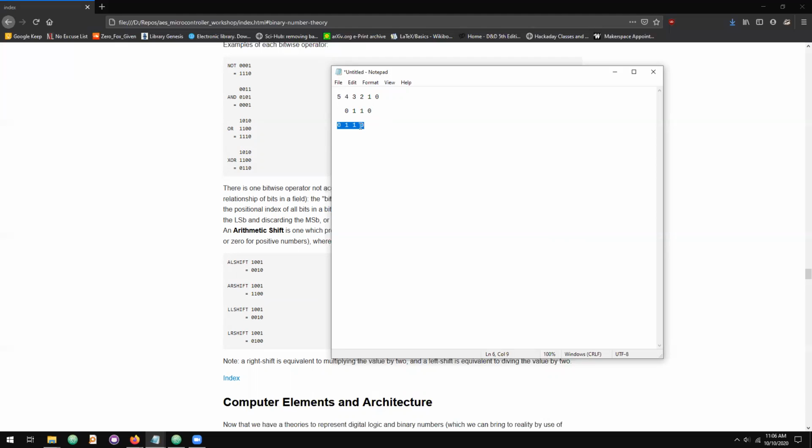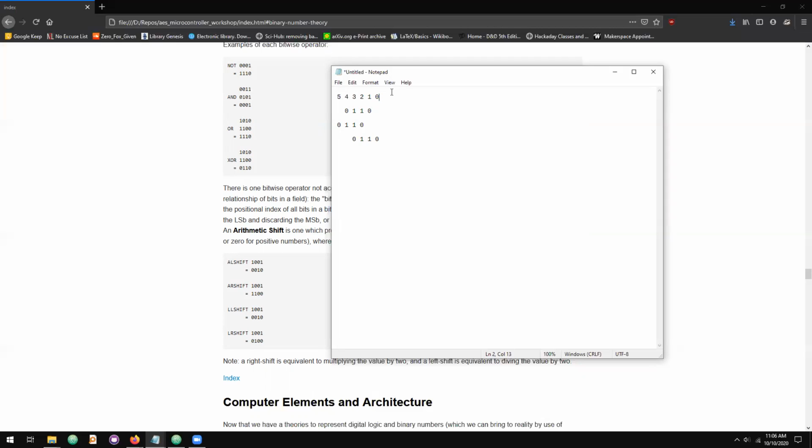So we now have the same bits represented at a shifted set of indices. I could also do the same in the opposite direction. With a left shift, we would move all of these values over one index. With a right shift, we would move them over in the opposite direction, one index.